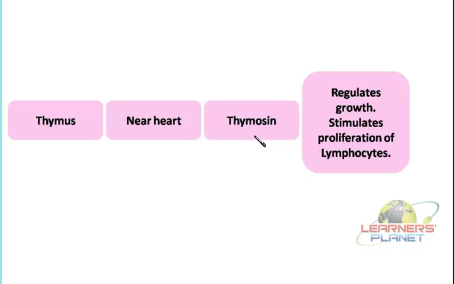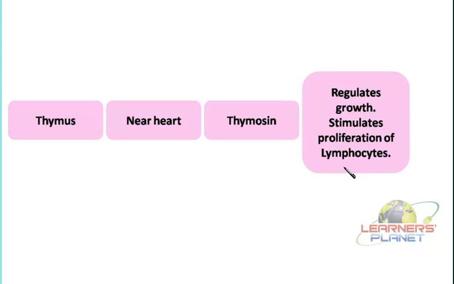Now for this particular process, initially the lymphocytes have to be proliferated, right? They have to grow. So this growth is actually linked with the thymosin. How does this thymosin regulate the growth? It will stimulate the proliferation of the lymphocytes.